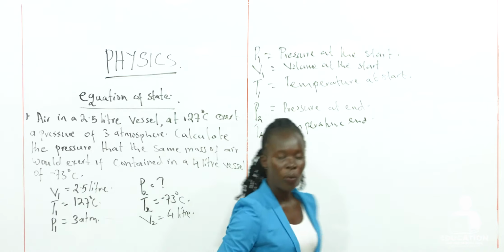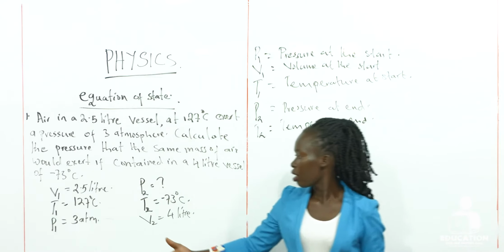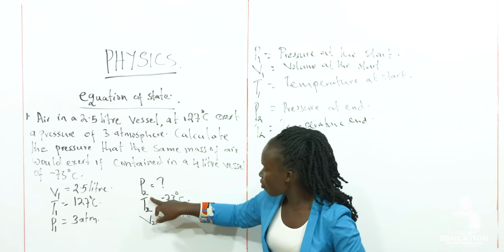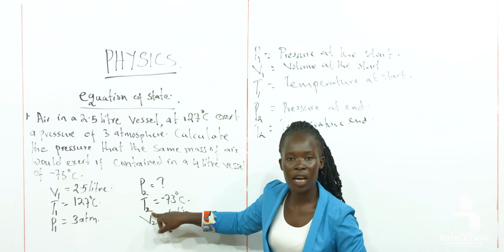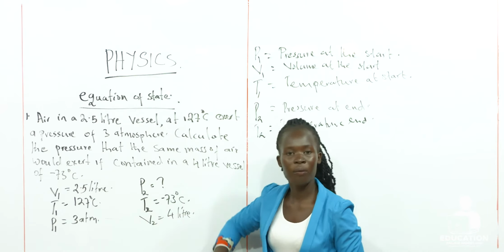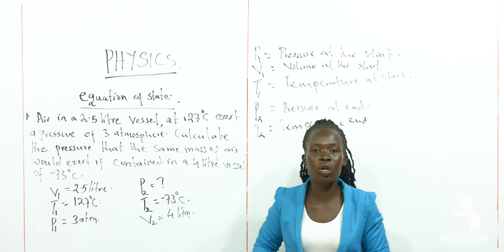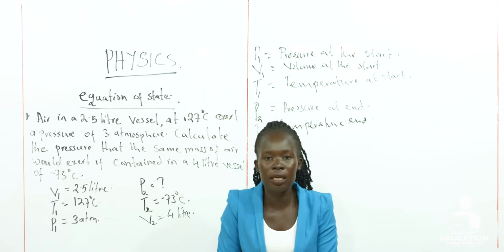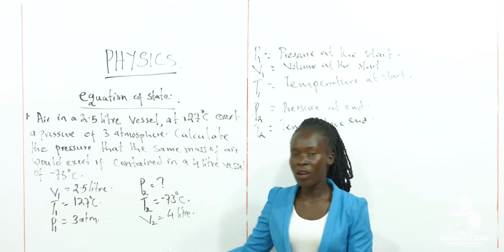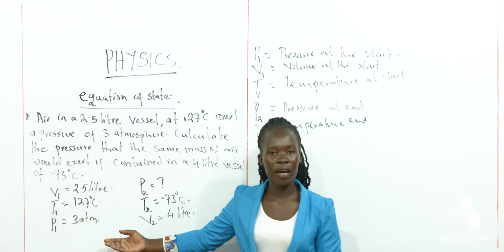So now we apply, we have the volume, we have the temperature, we have the pressure. So meaning here we have to apply the equation of state, because we cannot apply Boyle's law here.